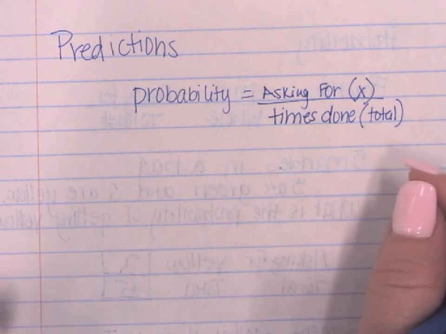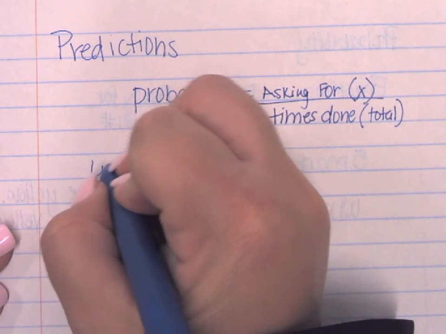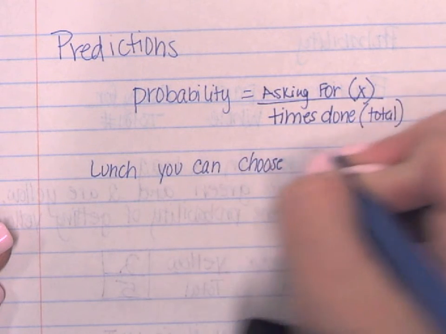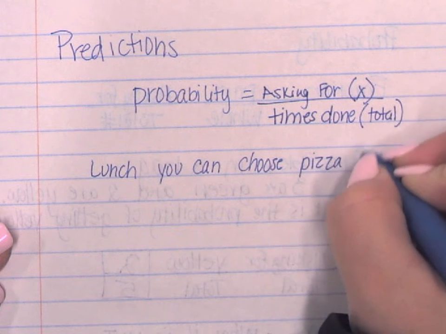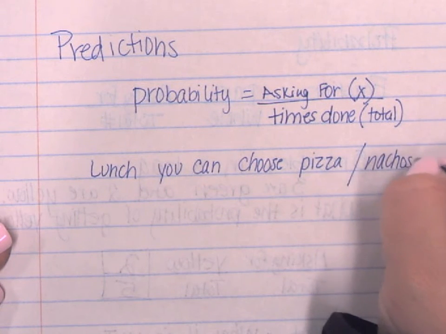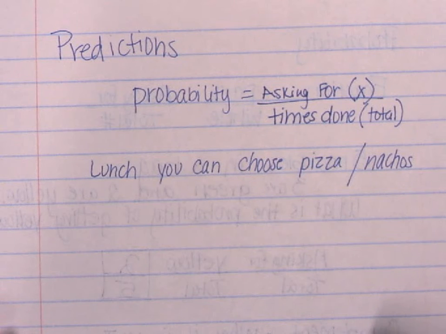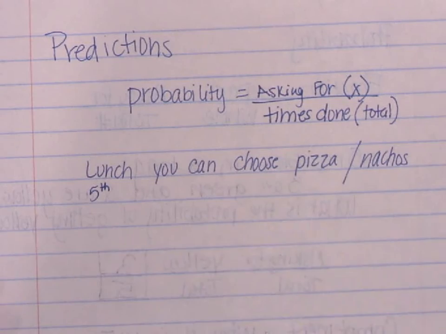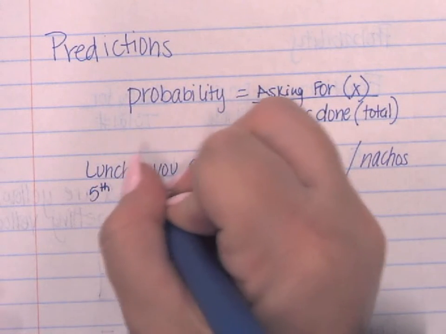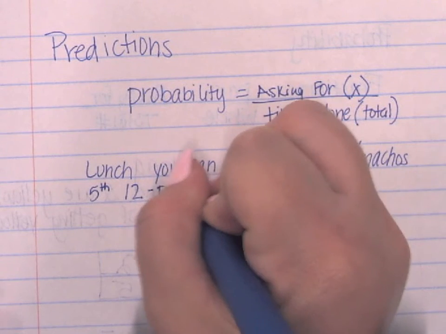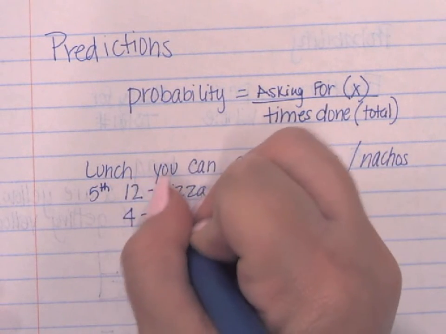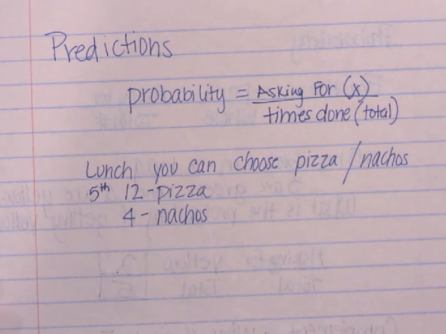I'm going to give you an example, and just, let's say for lunch, you can choose pizza or nachos. Okay? For 5th period, let's say 12 chose pizza and 4 chose nachos. Okay?